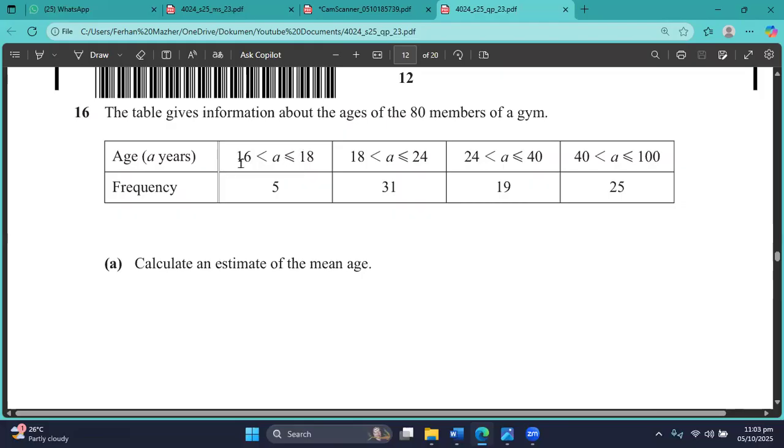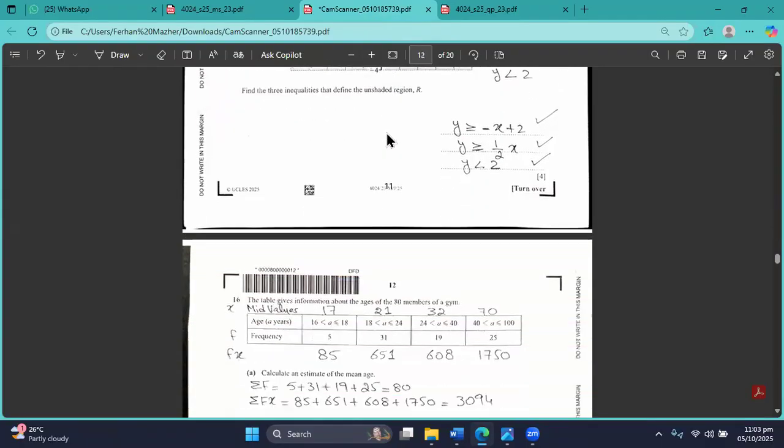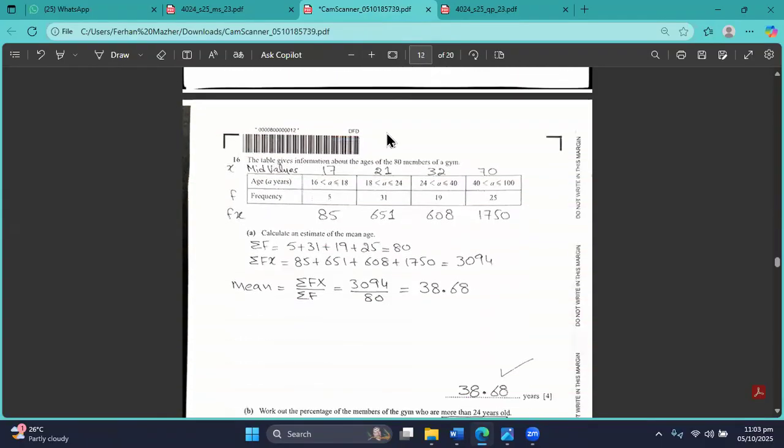You add these two boundaries and divide by 2. You get the mid values. We call it x. Then you multiply x and the frequency, which gives you fx. And then the mean is equal to the summation fx divided by the summation f.